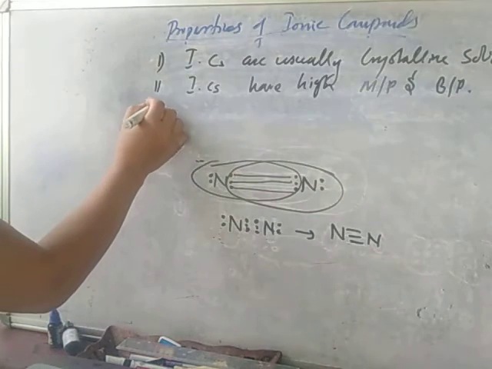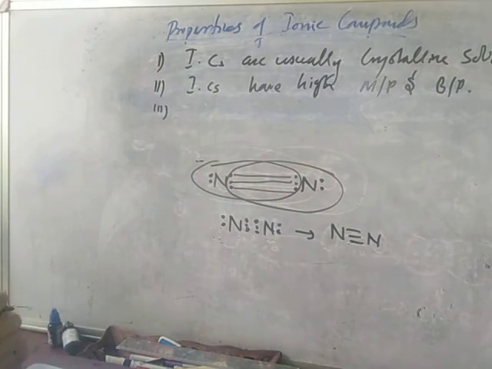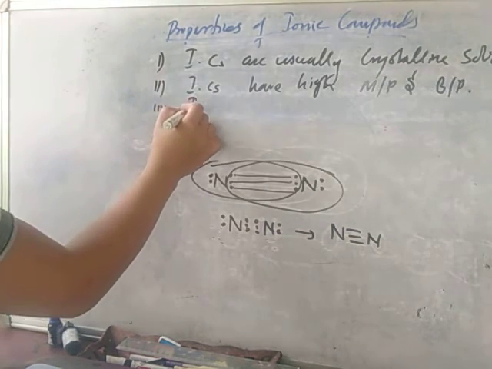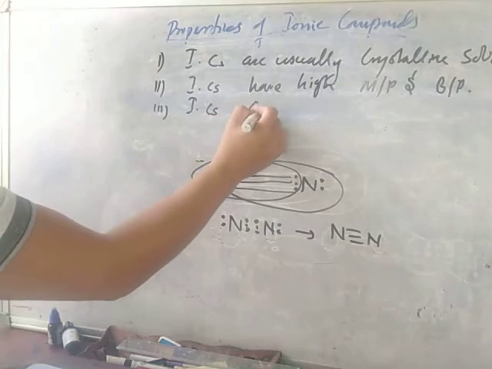Okay. Third write down, ionic compounds conduct electricity when dissolved in water.